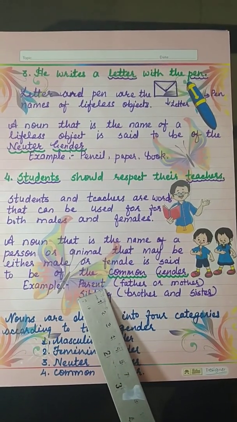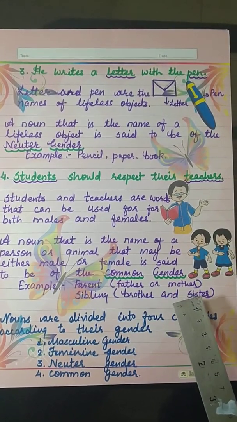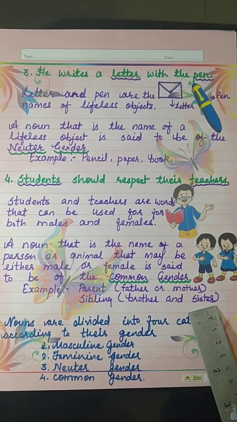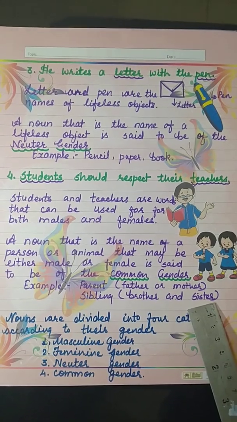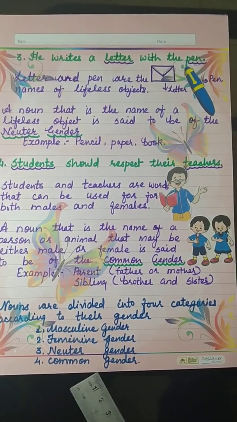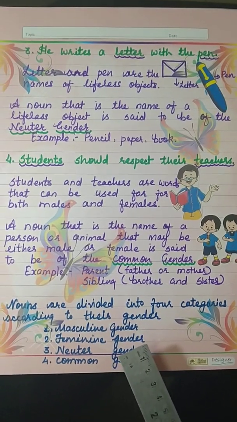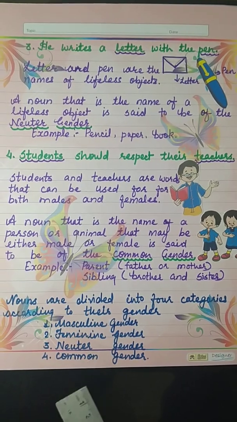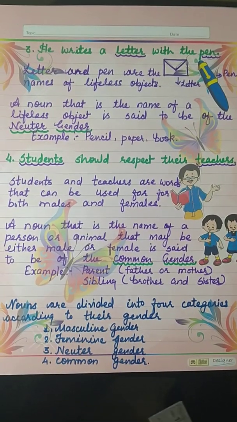For example, parent, maybe it can be father or mother, sibling, it can be brother or sister. Okay, so we learned about the gender. There are four categories: masculine gender, feminine gender, neuter gender, and common gender.